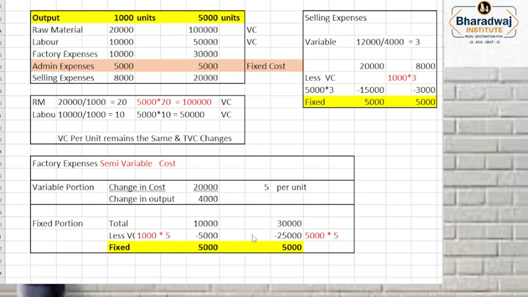Live online friends, please take up this example. Then we'll proceed with some of the MCQ based on fixed variable cost like that.